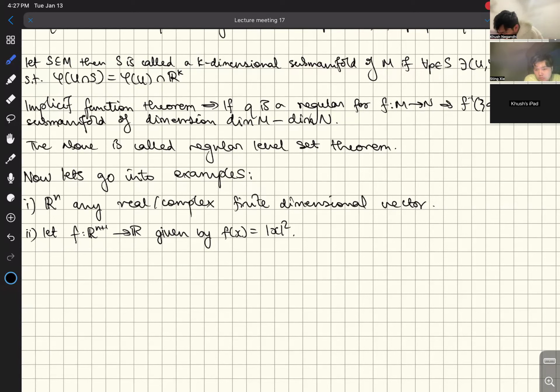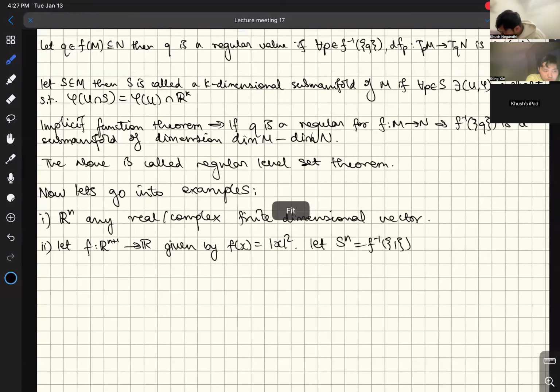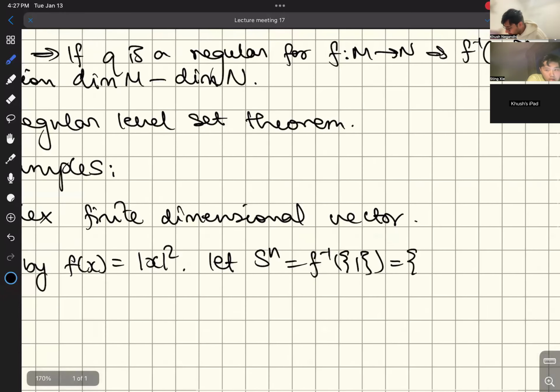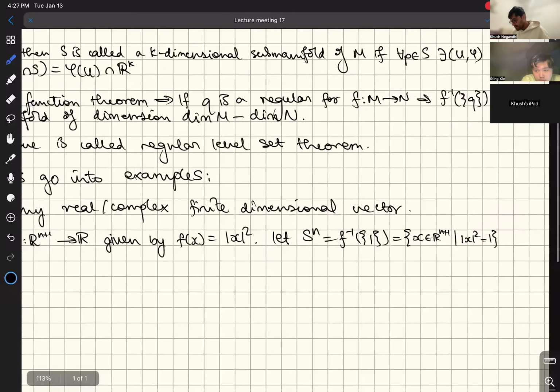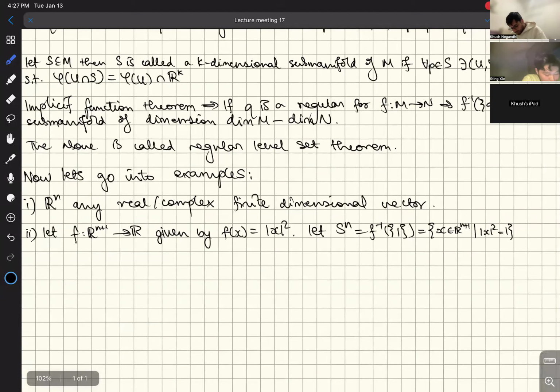Now let S^n, whatever S^n is, be the preimage of the point 1. In other words, S^n is the set of all x in R^(n+1) so that the norm of x squared is 1. In other words, this is the unit sphere. If you remember when I defined what a manifold was, I said the sphere is a manifold, and I also said that you can define charts on it to show that it's a manifold.